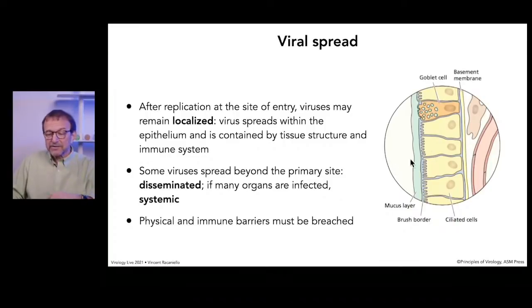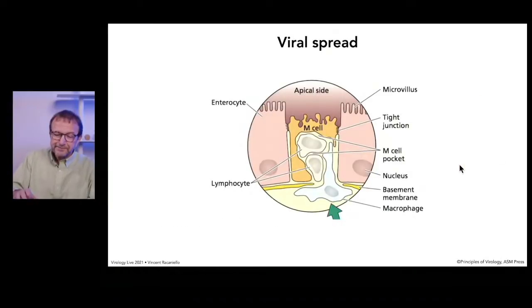Well, for example, this basement membrane is a physical barrier. Viruses, even if they're released basolaterally, from the bottom of the cell, will not go anywhere unless the basement membrane is somehow compromised. And of course, an immune barrier would be the presence of immune cells, antibodies, and so forth.